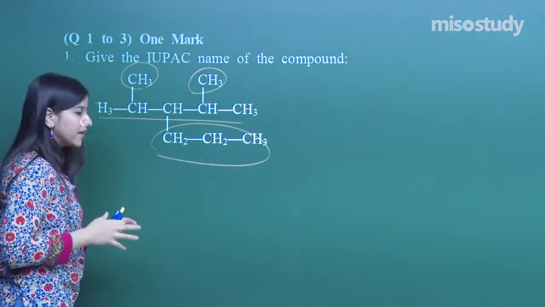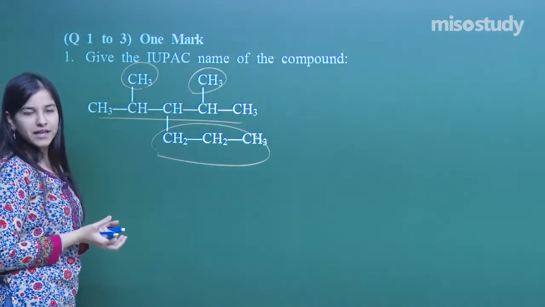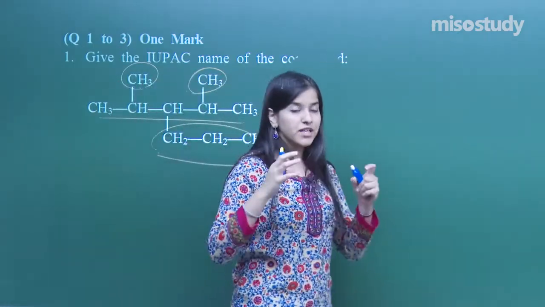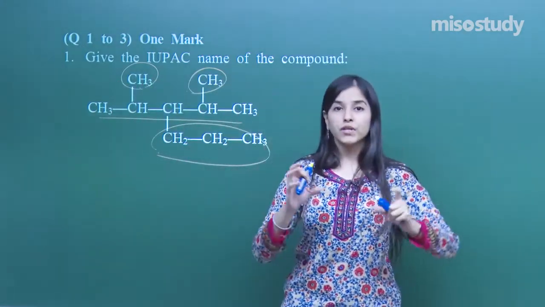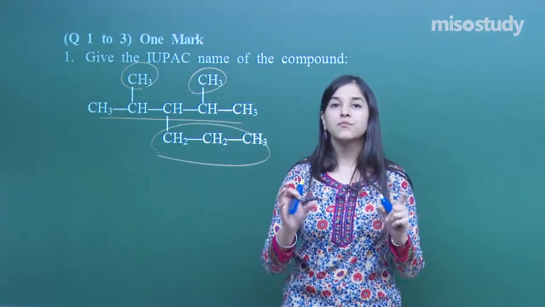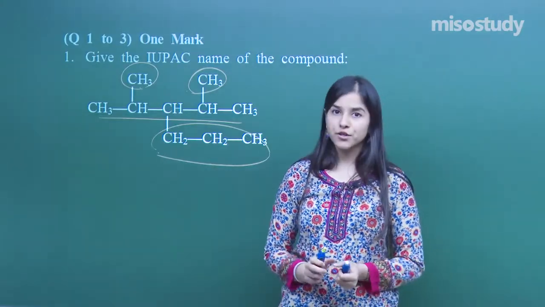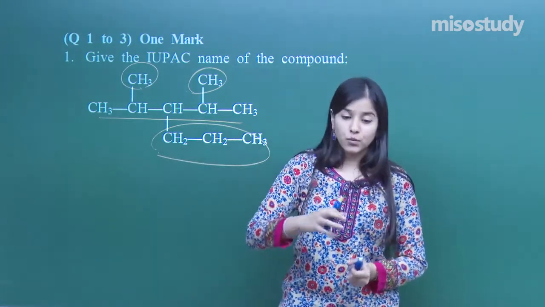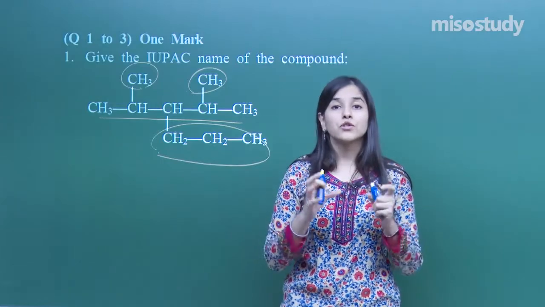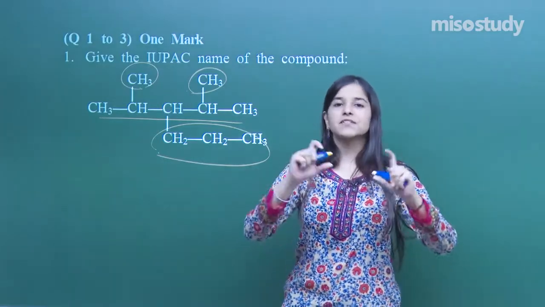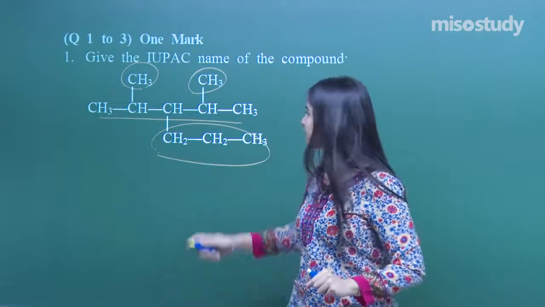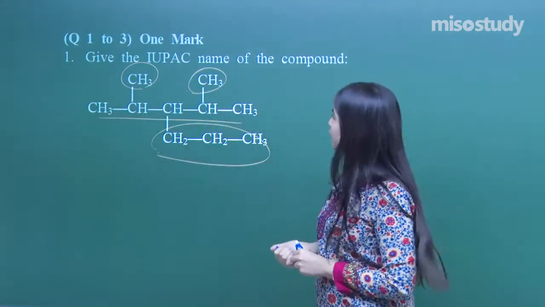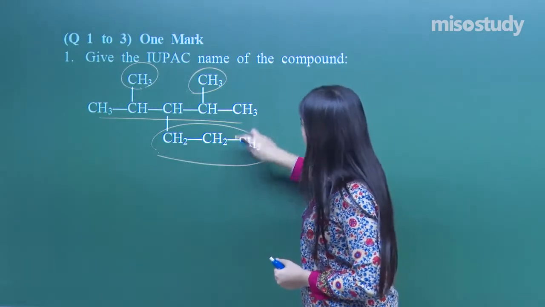And here comes the rule for the IUPAC that I have told you: whenever you are selecting the word root, keep in mind that the carbon chain having the highest number of substituents should be selected. It doesn't matter whether it is longer or shorter. We have to select the one having the maximum number of substituents, and we get it over here in the straight chain itself. Clear?